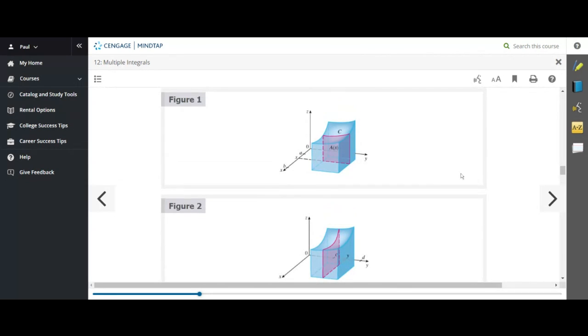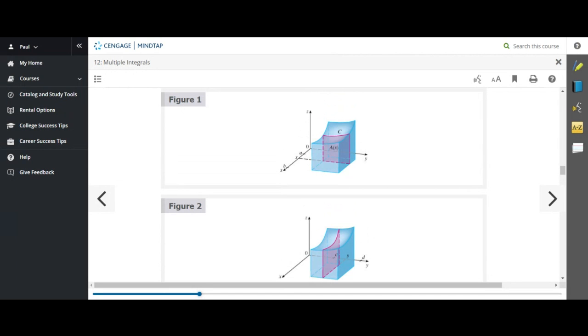It makes sense because if you look at figure 1, that cross-sectional area is an area where x is fixed. You fix x, and the cross-sectional area is the same as a single integral from c to d. Those are the y limits.